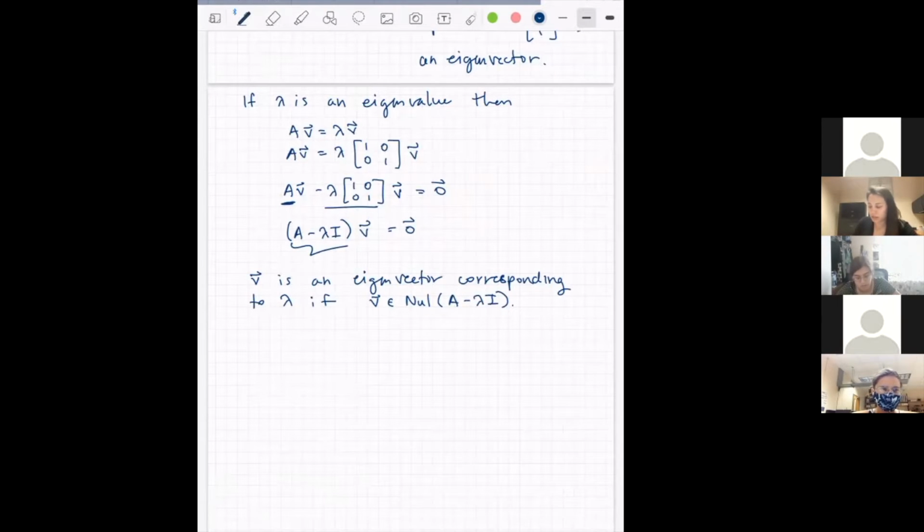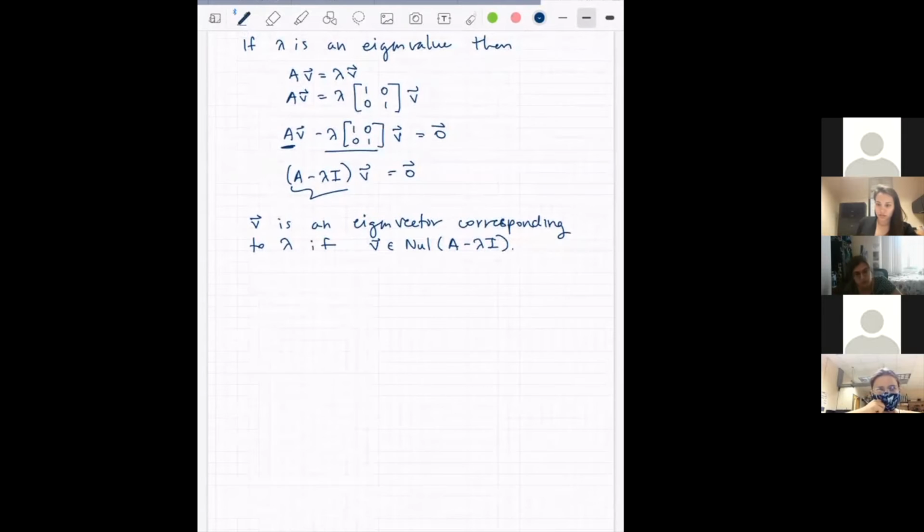Because V will be a solution of this homogeneous equation, meaning that it will be in the null space. This is sort of ignoring the fact that the null space always contains the 0 vector, and we don't refer to the 0 vector as an eigenvector, but assuming that V is not just equal to the 0 vector, then we say that V is an eigenvector.